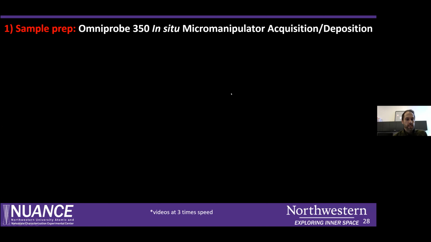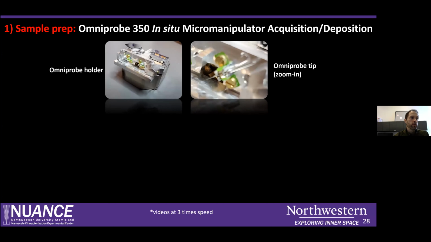So I talked about that we have an OmniProbe present, but the cool thing about this system is that it can acquire and deposit these tungsten tips in situ, so in the vacuum of the chamber, automatically. So if we look at the sample holder, the OmniProbe holder, we basically have our sample.